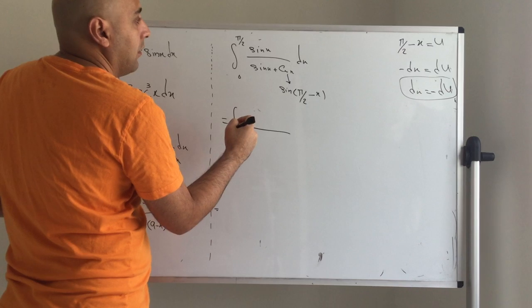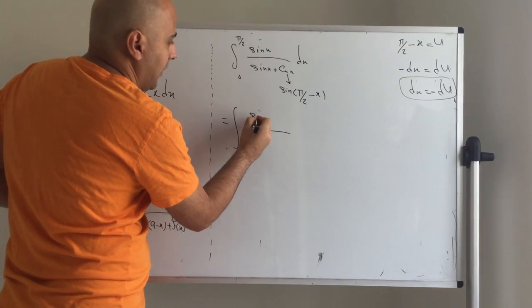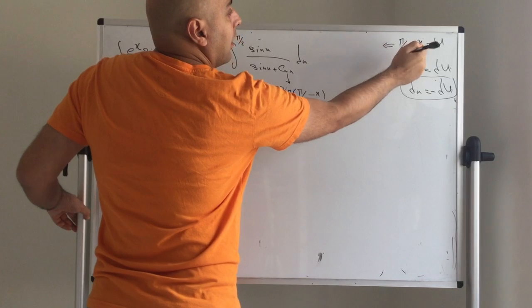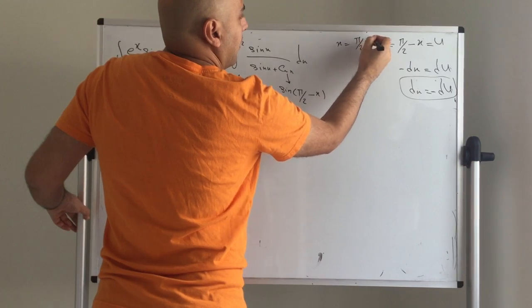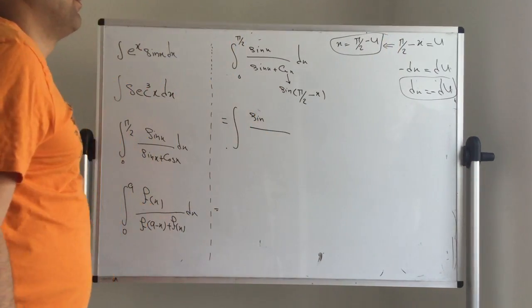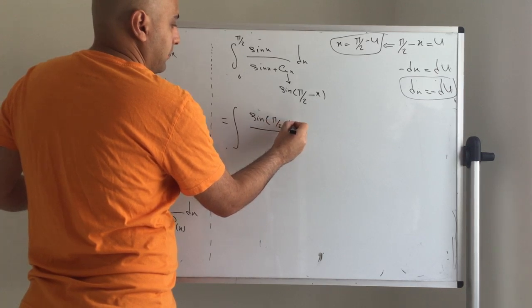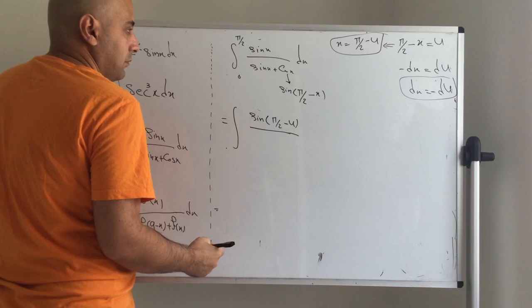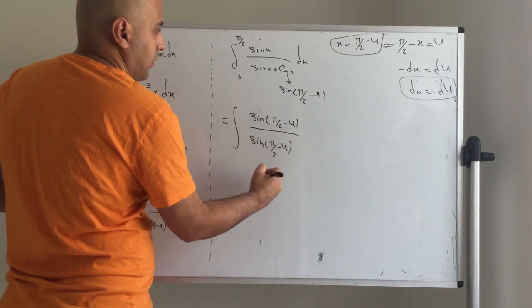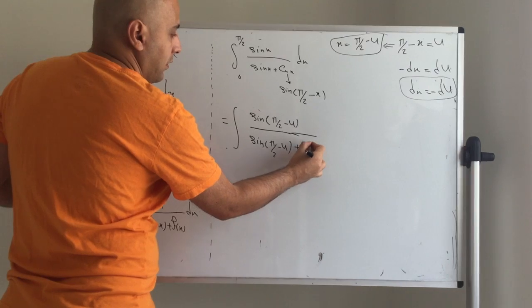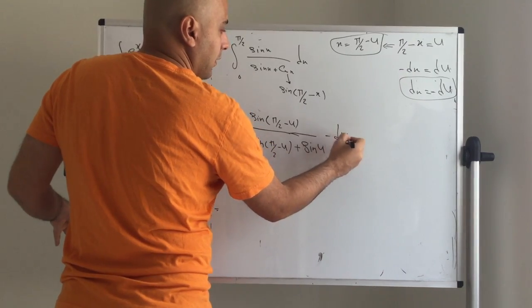So sine x will be sine of... from here we will have x equal pi over 2 minus u. Here again sine, plus, minus du.